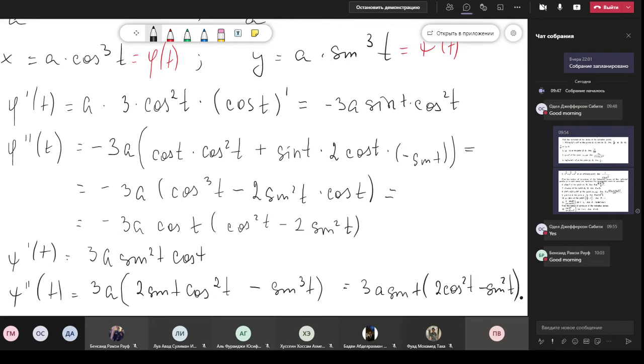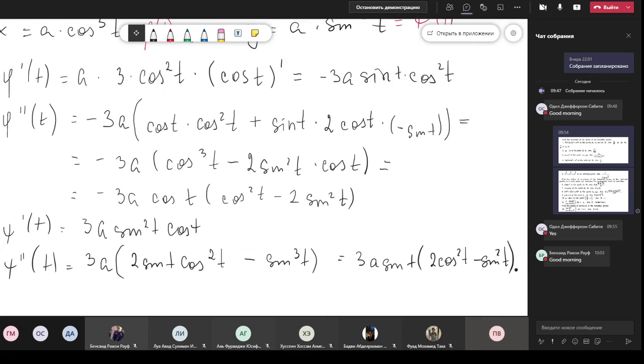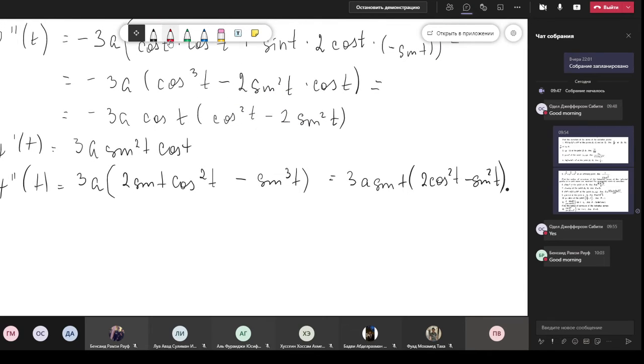And using our formula for k in the parametric form, I rewrite the formula.